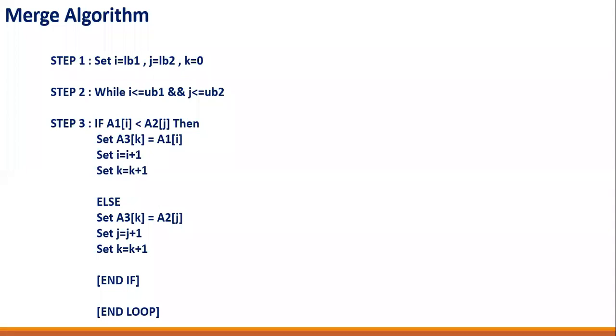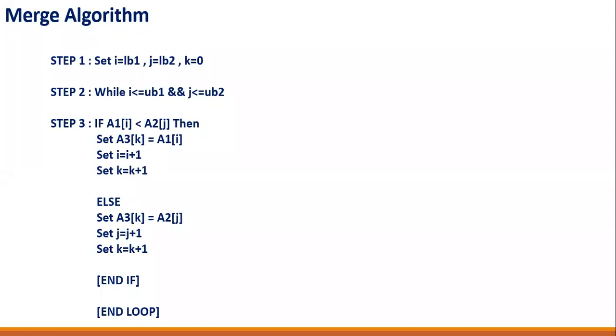We will start comparing. Okay, what is the comparison? The comparison says if a1 of I is less than a2 of J, which means the first element of array 1 is less than the first element of array 2, students, then what do we do? We use the element of array 1 and put it into our third array, right?